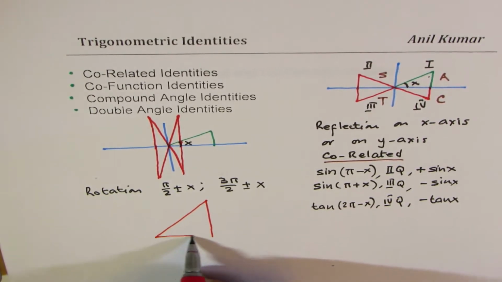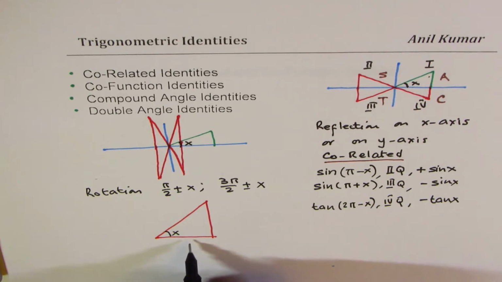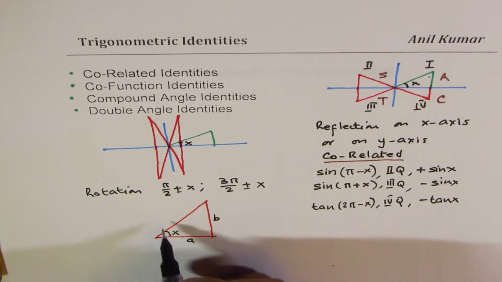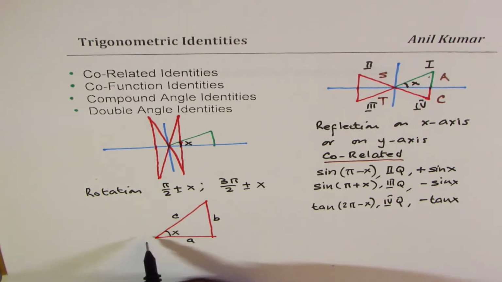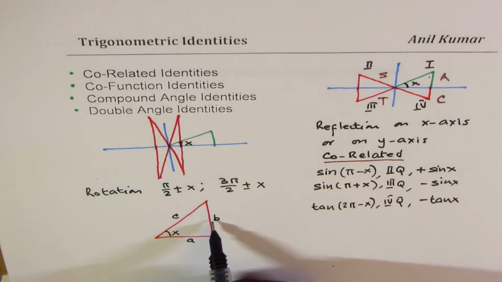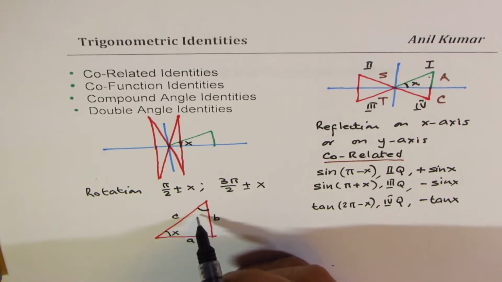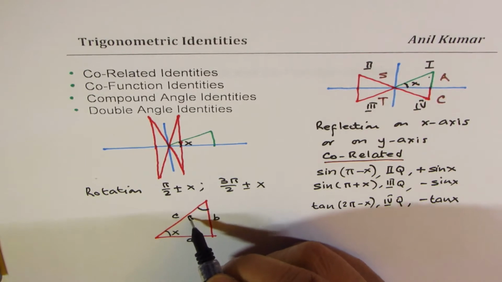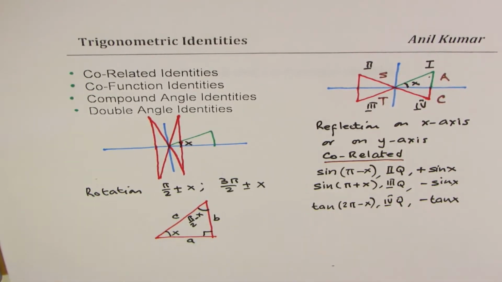If I have a triangle here with an angle x, and the sides, let's say A, B, C. When I rotate this triangle in this fashion, the sides interchange, or we are looking from the other side. So what is this angle? This angle here is pi by 2 minus x for any right angle triangle.